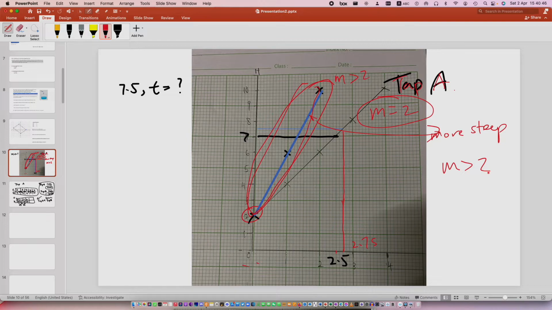Good, that's 2, 10. Good, this is 1, 6. Good, so which 2 points do you want to take? Then you write down the x1, y1, x2, y2 there. Then you replace.